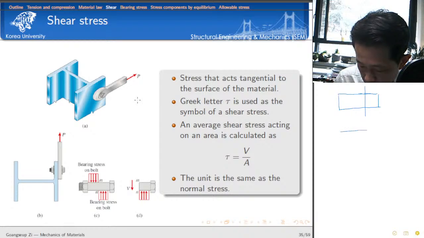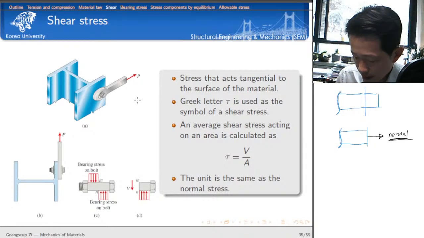This is an arbitrary cross section here, and this is a straight cross section. And this straight cross section is characterized by a normal. This is normal, okay? So normal means normal vector.